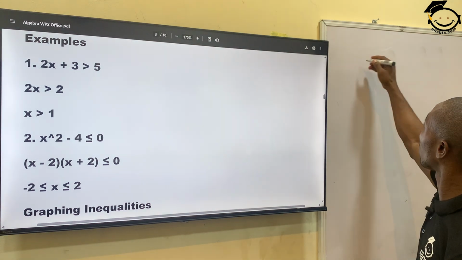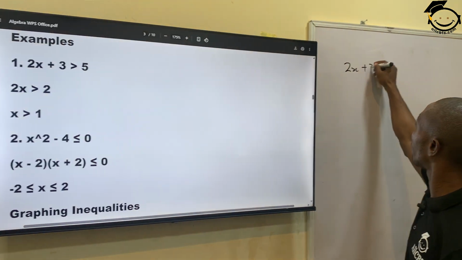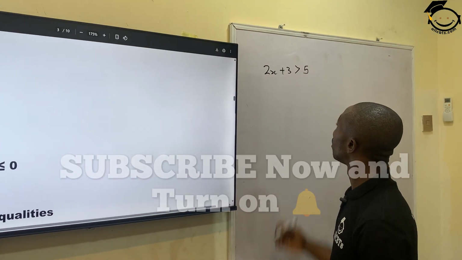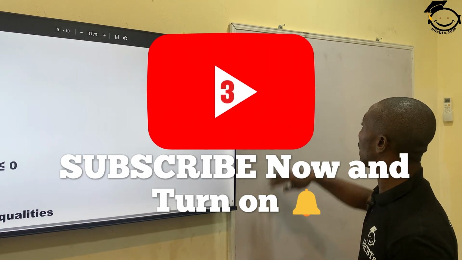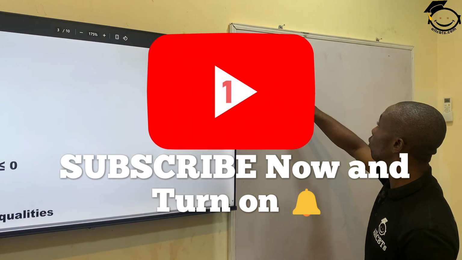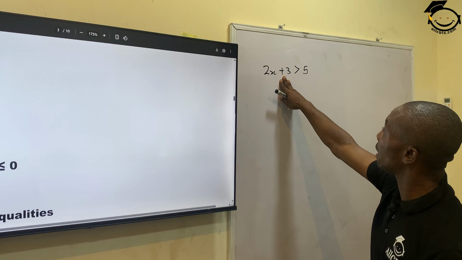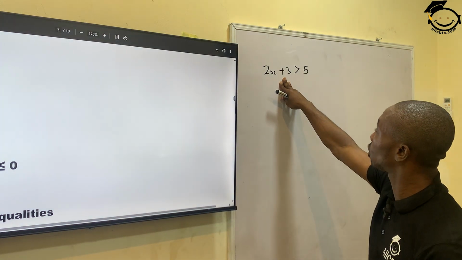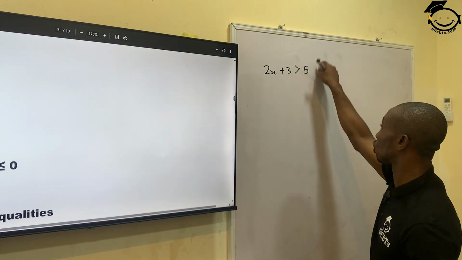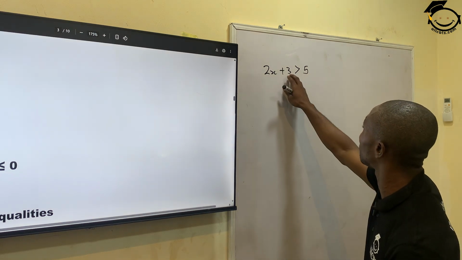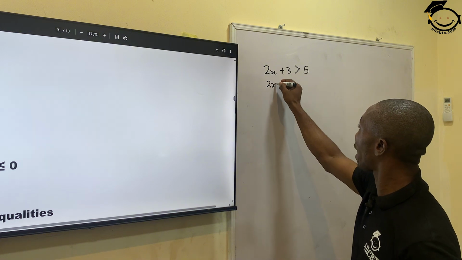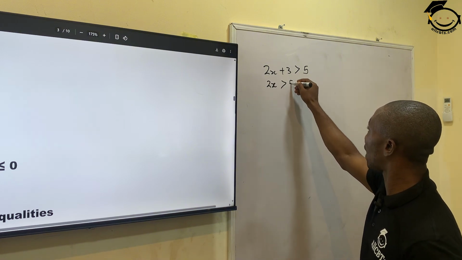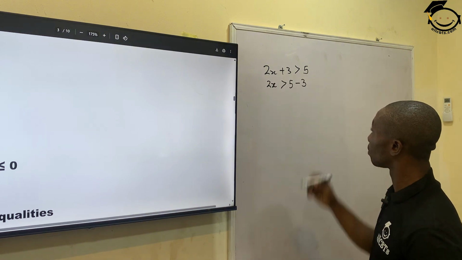Now, if we are to solve 2x plus 3 greater than 5, following our first rule, it says that we should watch our signs. Our sign here is positive, addition. So if we move our addition over to the other side by collecting like terms, we have a constant and a constant. This will become 2x greater than 5 minus 3.